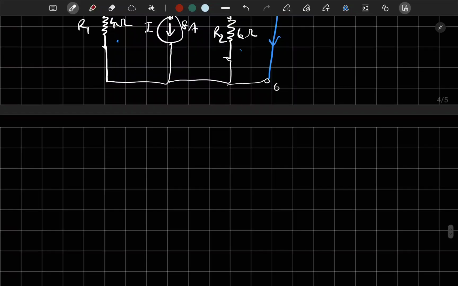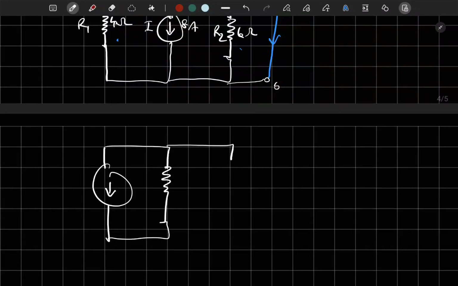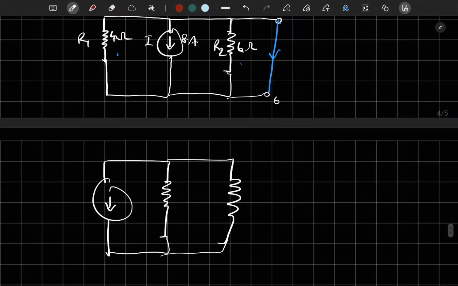It's the same, because R1 and R2 are essentially in parallel now. So let's draw the source to the left side. And we have R1, we have R2. This is 8 amperes. This is R1 4 ohms. And this is R2 6 ohms. And then here we have the short circuit terminal.